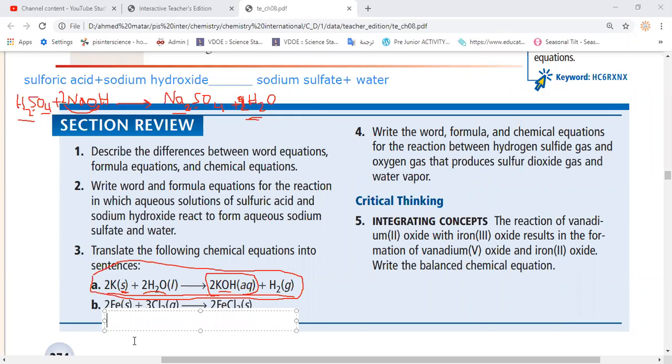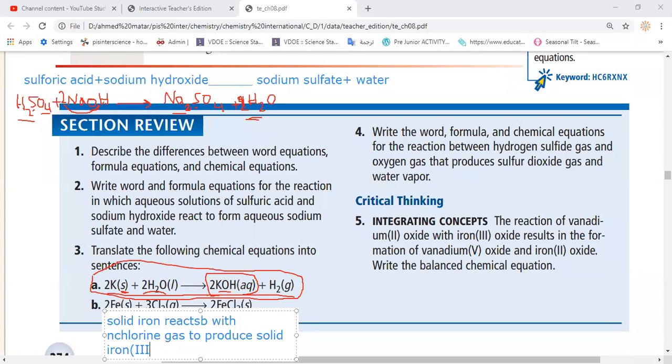We said solid iron reacts with chlorine gas to produce solid iron 3 chloride. Is it clear right now, guys?